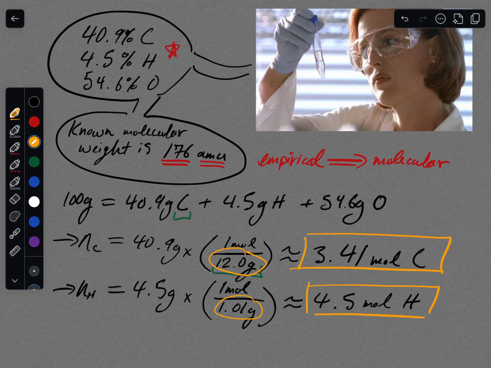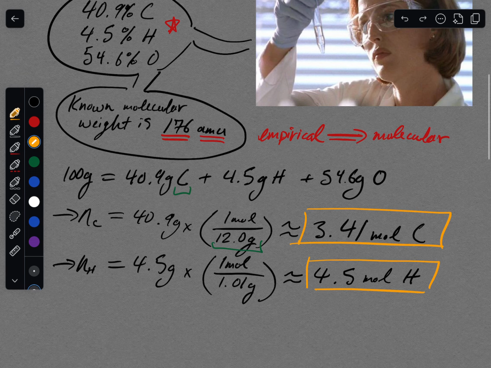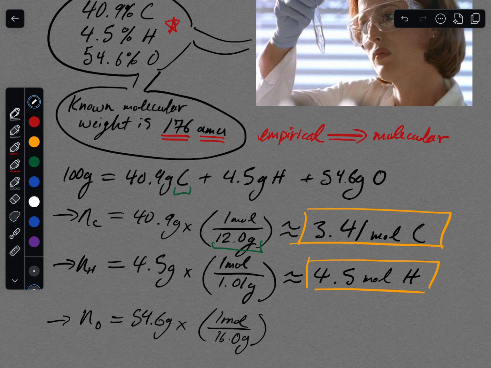So more by mass does not mean more by mole. And finally, oxygen with 54.6 grams and a molar mass of essentially 16. This comes out to 3.41 moles of oxygen.